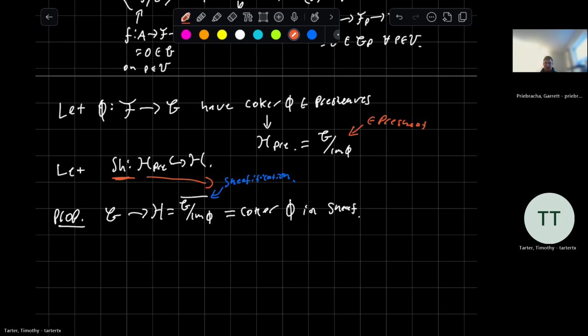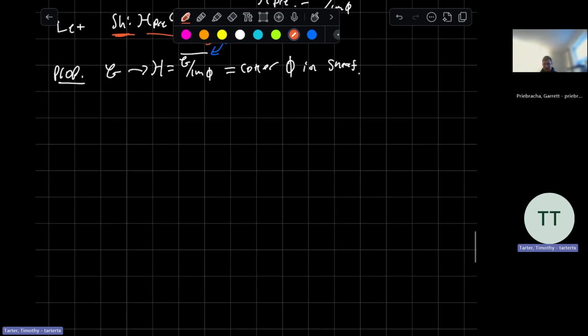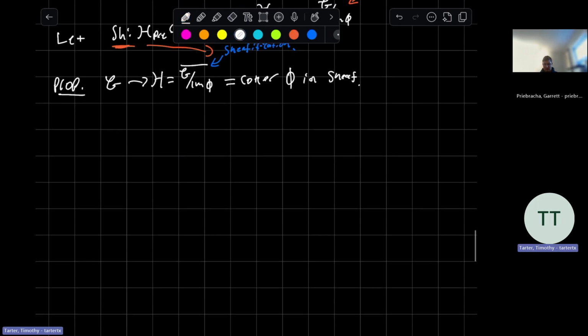And then basically the diagram that makes all of this work is the universal diagram. And don't worry, I'll add arrows.